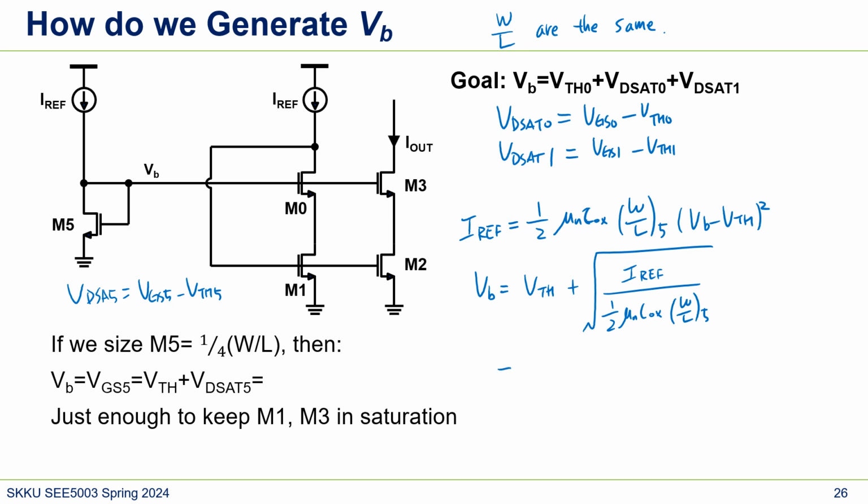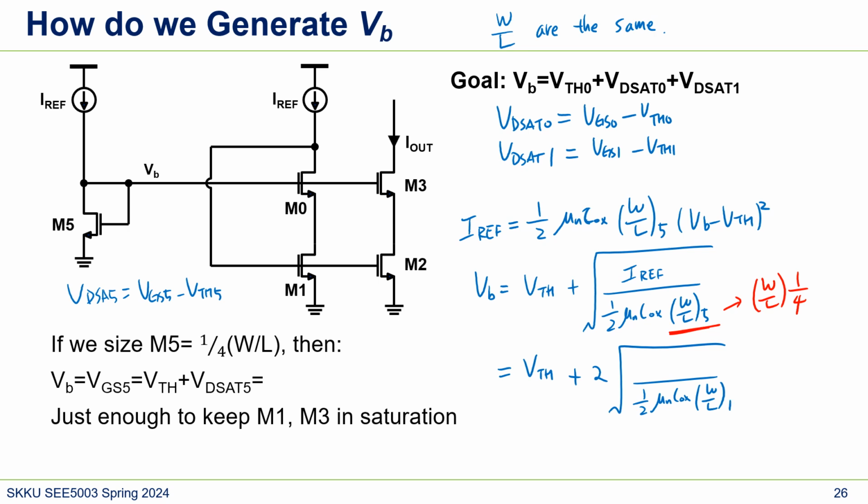But it turns out, since this one is W/L 1/4, right? So it becomes 2. W/L, let's say just 1. Everything is, let's say, just 1. All the same.